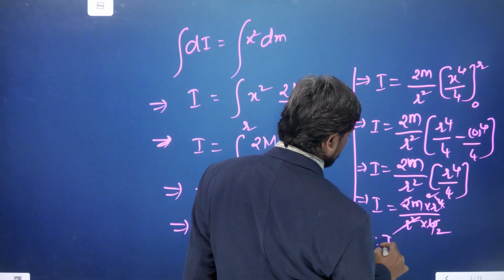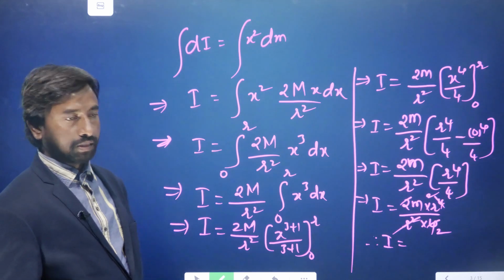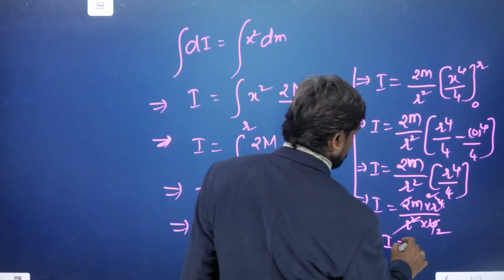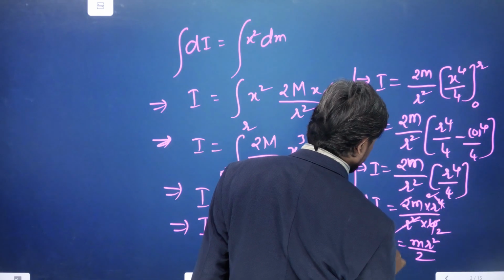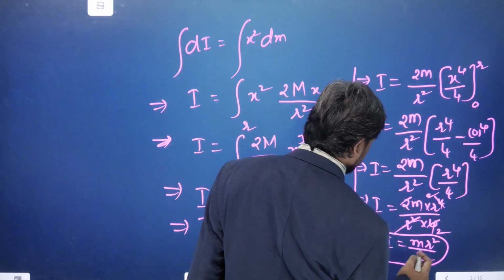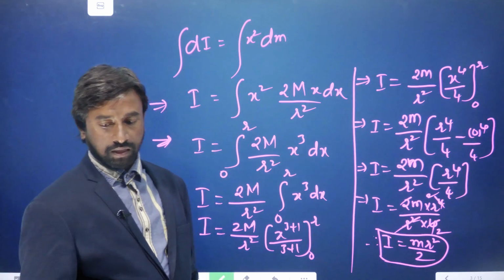Therefore I, the moment of inertia of the disc about an axis passing through its center, is MR square by 2. So this is the moment of inertia of the disc. By using this formula we can find the moment of inertia about any axis.